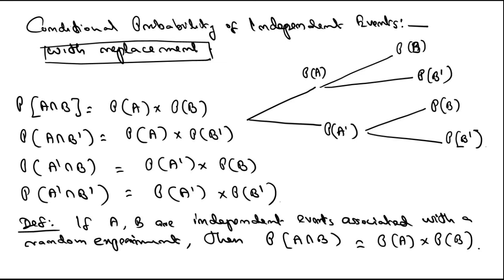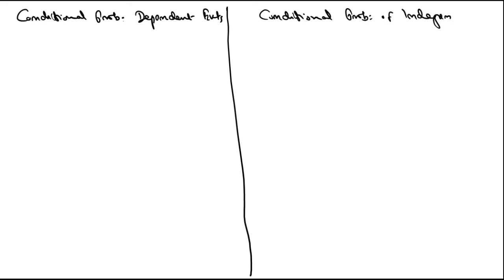Now here, one is conditional probability of dependent events. The other one is conditional probability of independent events.